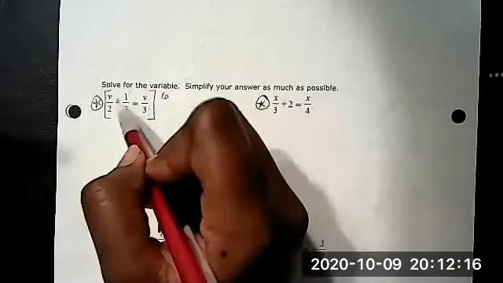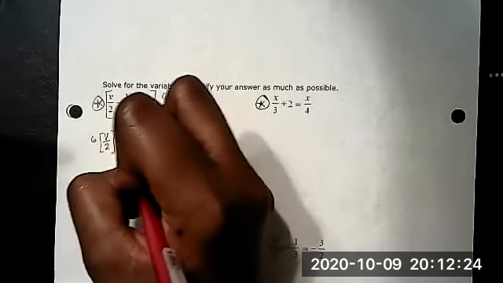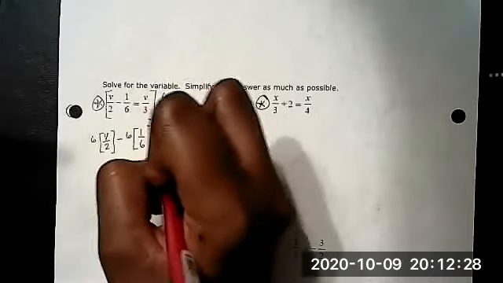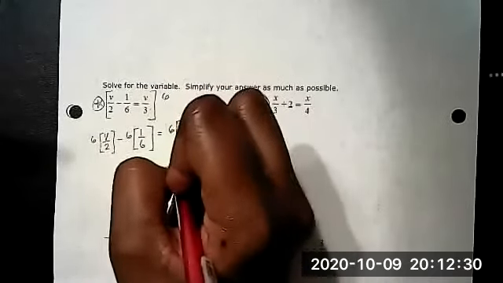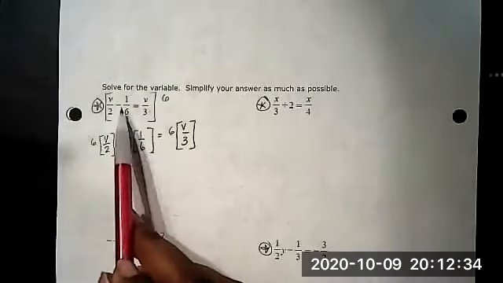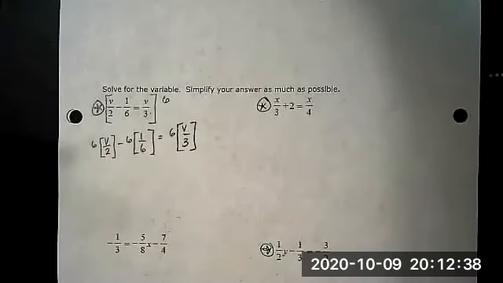So 6 times v over 2 minus 6 times 1 over 6 equals 6 times v over 3. Okay, so I took all these separate fractions and multiplied them by 6.